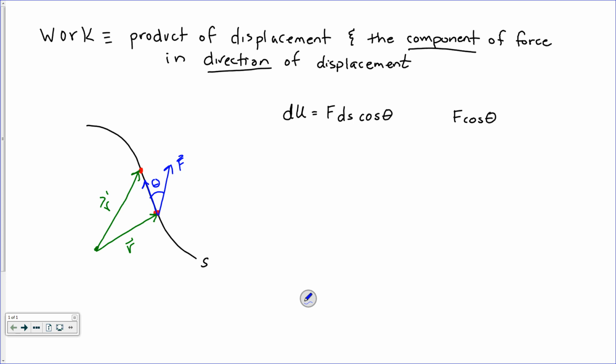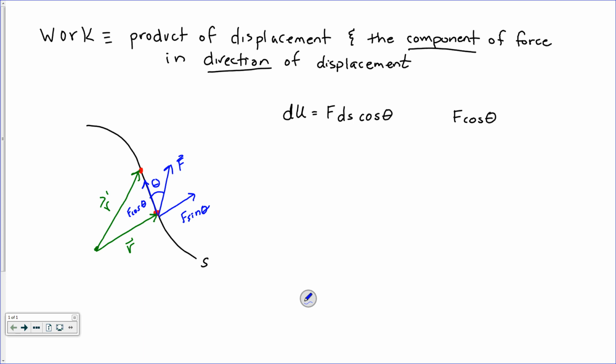If we take F cosine theta, that would be this guy right here. Goes back to our original definition of work, product of the displacement and the component of the force in the direction of the displacement. So I don't care about the perpendicular component, which would be F sine theta. I don't care about that because that's perpendicular to the direction that that particle is moving in.